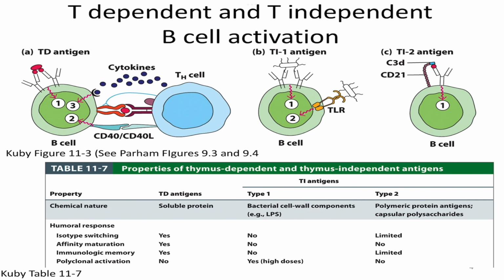And the basic difference is how exactly the B cell is getting its version of signal 2. Most of the time, at least for what we're going to be discussing, that will be coming from help from a T cell through CD40 on the B cell, binding to CD40 ligand on the T cell.